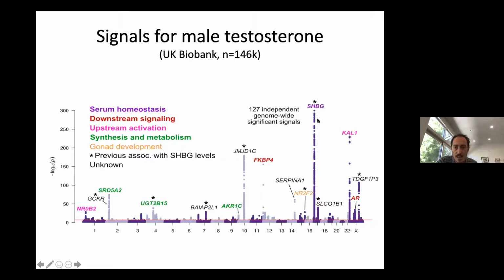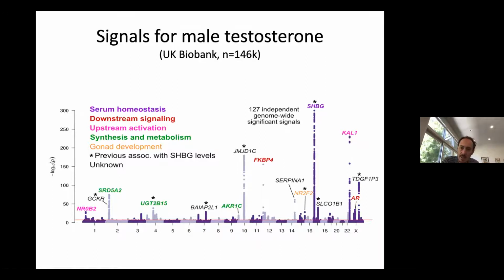And the biggest hits are involved in control of a protein called SHBG, which is steroid hormone binding globulin, and this is a molecule that binds testosterone and makes it bioinactive.